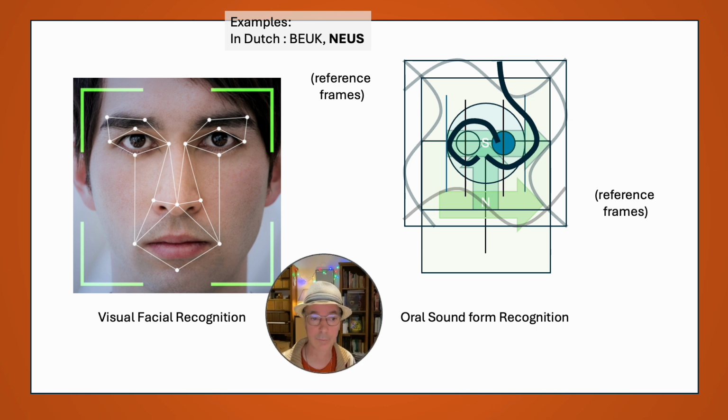So you can do that visually. Why can't you do that orally with letters? That we recognize letters, not just separately, but also the combinations, that we follow these pinpoints and then fit in the object that fits to it. That's what I basically was doing with neus.